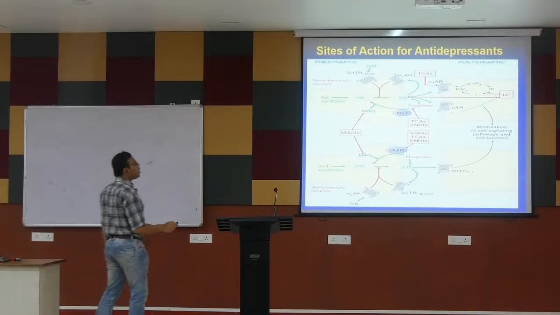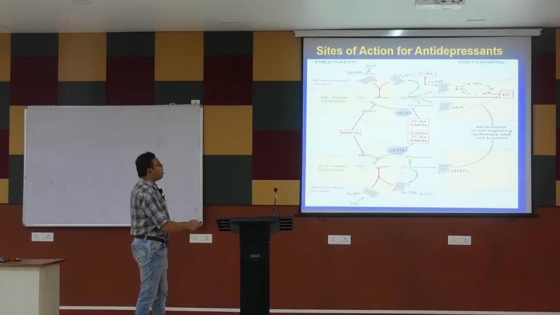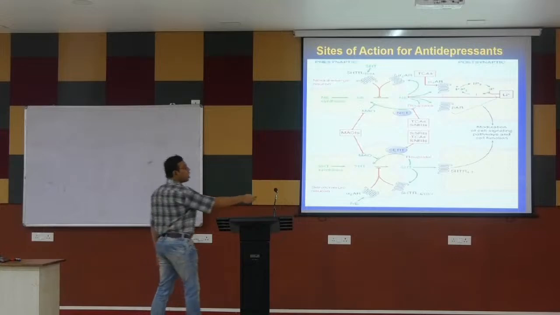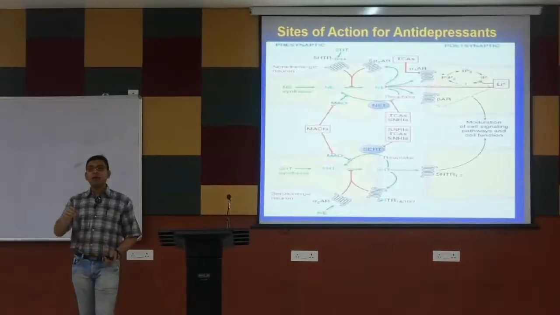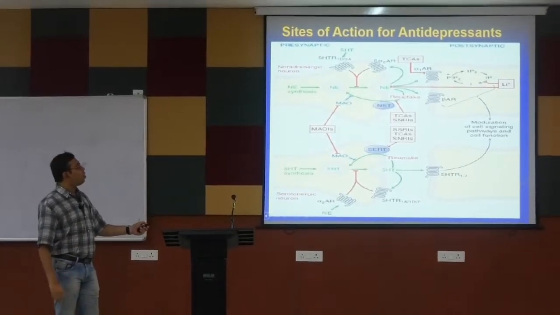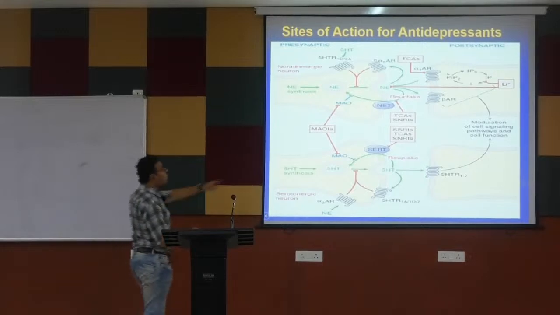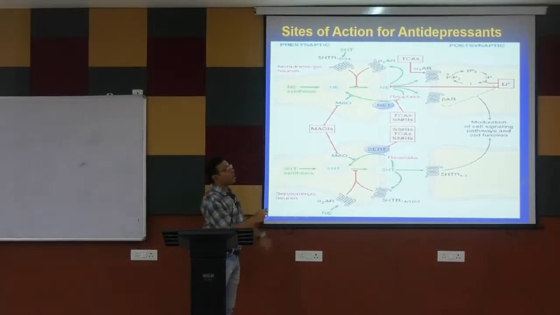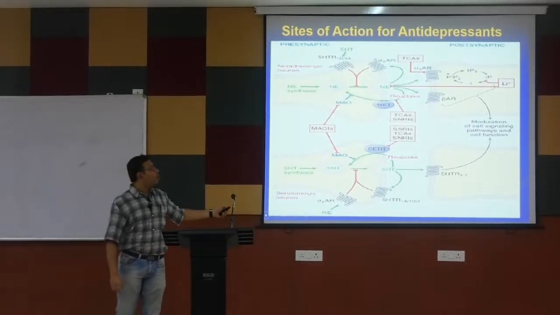The site of action for the different antidepressants we have already discussed. This is the serotonin transporter and this is the norepinephrine transporter. We are blocking these transporters or we are blocking the metabolism. For example, MAO inhibitors, which we have already seen, block monoamine oxidase, which ultimately inhibits the metabolism.